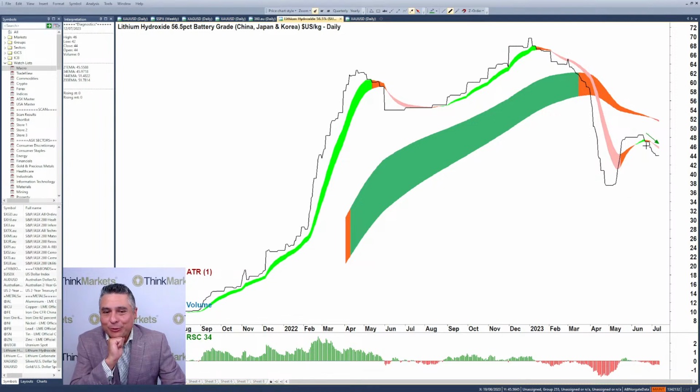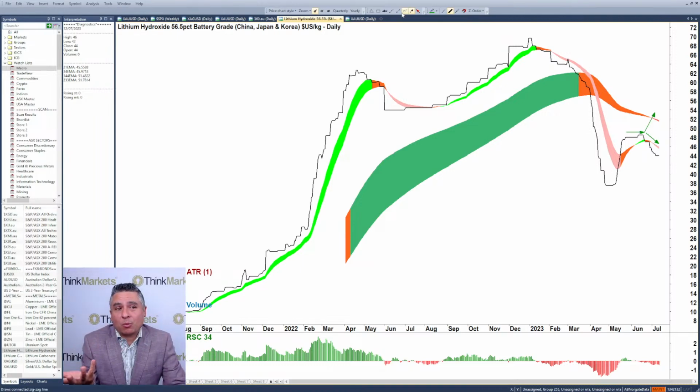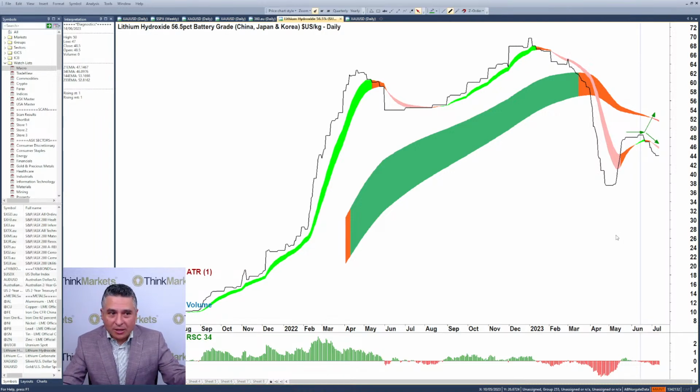It's not the up move we were hoping for, is it? We were hoping that the next move would be up and we'd get that continuation of the recovery back up to the highs, but I don't like the look of where this one is headed. We could get a double bottom, but at the moment, until we start to see this one pick back up, and then probably, in fact, what is good about this is we can actually get a really nice little marker here for when this lithium commodity bull market is back on.